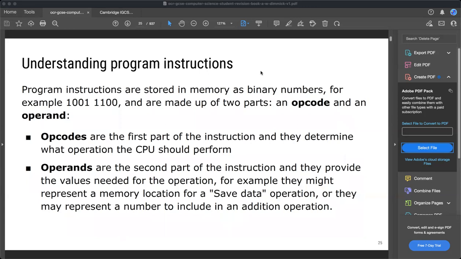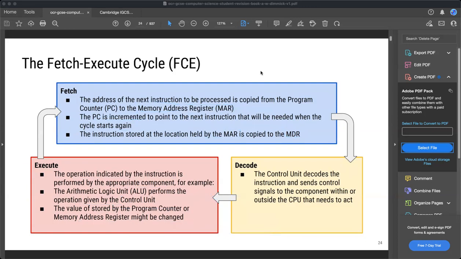Okay. So understanding the operation program instruction, this is also in your homework. So I'm sending you the slides. Again, I'm sending you the slides.